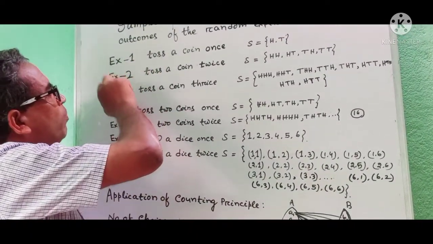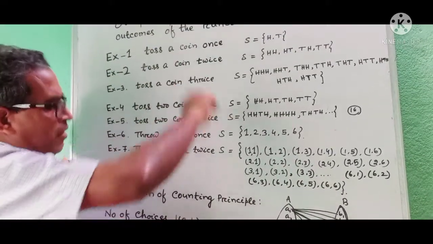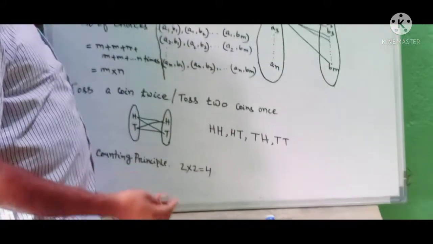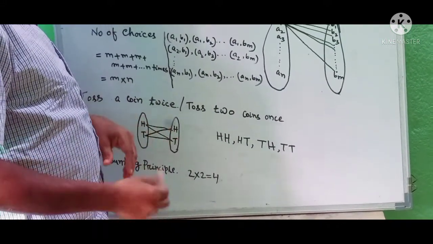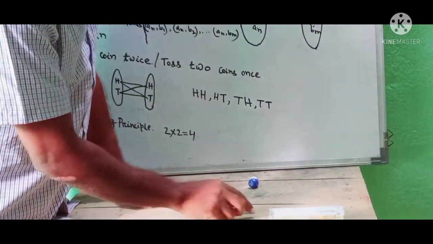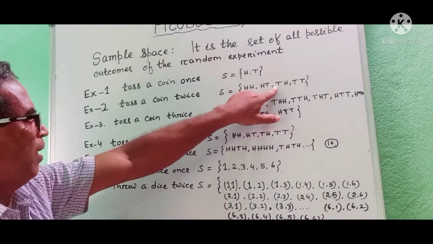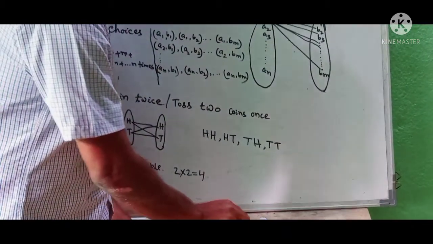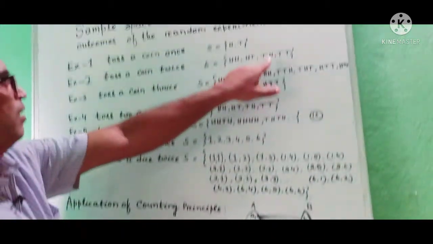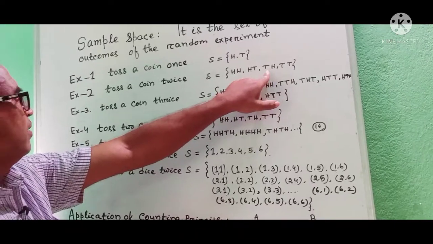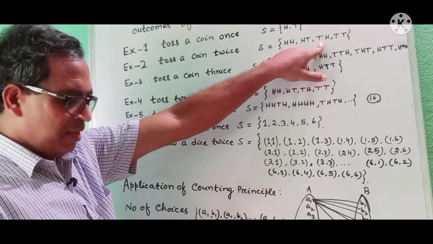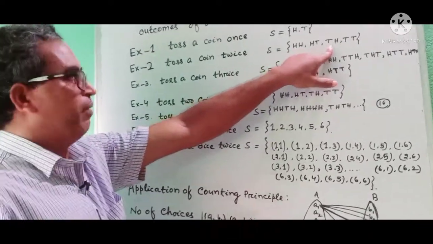Example 2: toss a coin twice. You see, I got tail, then head. This is one outcome, and I have completed one experiment.